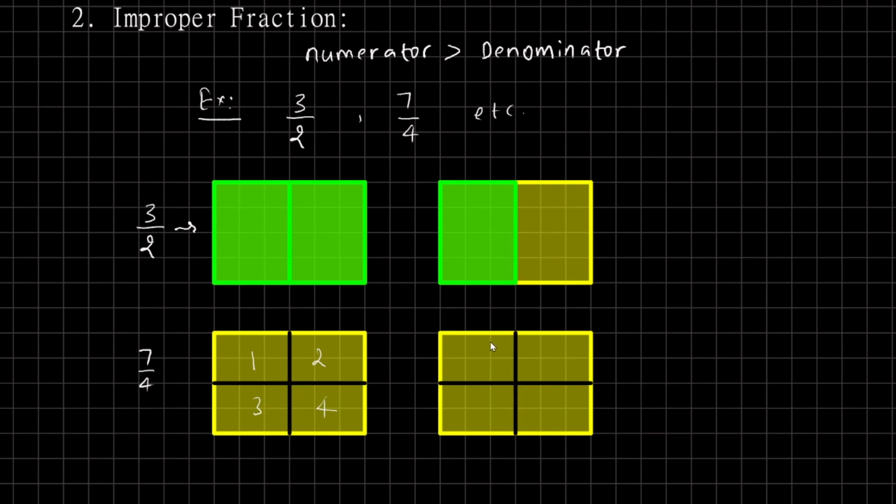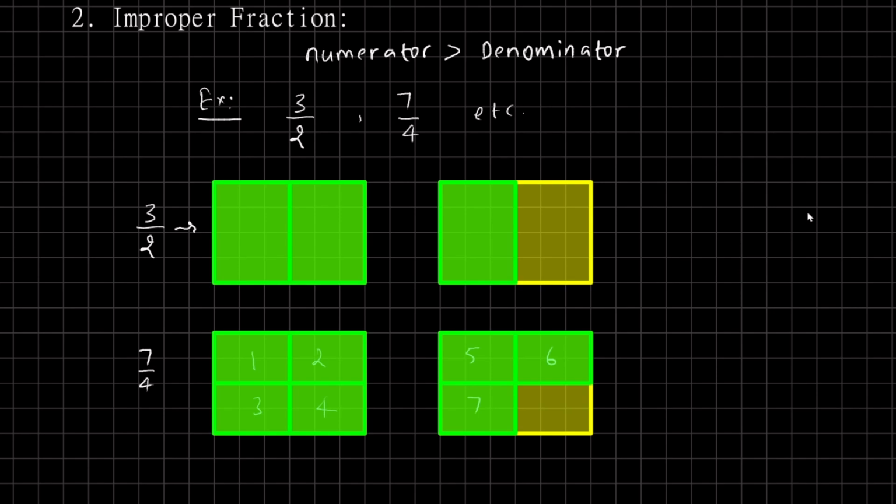We take another object, divide it into 4 equal parts, and now we count leftover. 5, 6, 7. So here green parts are representing the number 7 over 4. From these two examples, we can see that improper fractions are representing some whole and some fractional part.